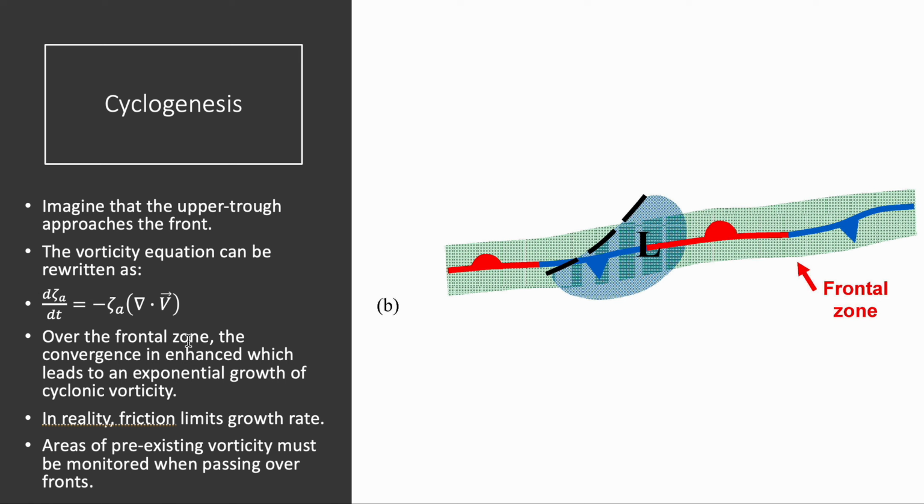This tells you that if this convergence remains constant, then, if you have divergence aloft and that is constant, then this is essentially the equation of an exponential. Okay, so in case of a constant divergence, okay, so this negative is plus. This is an explosive growth of vorticity, okay?